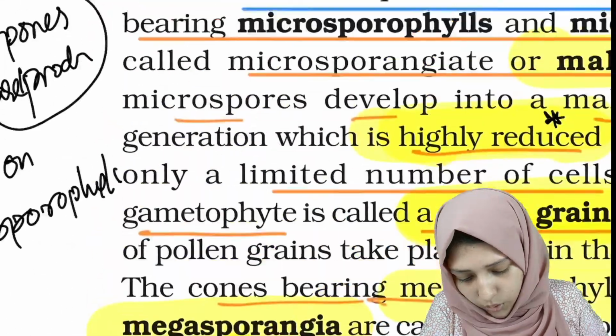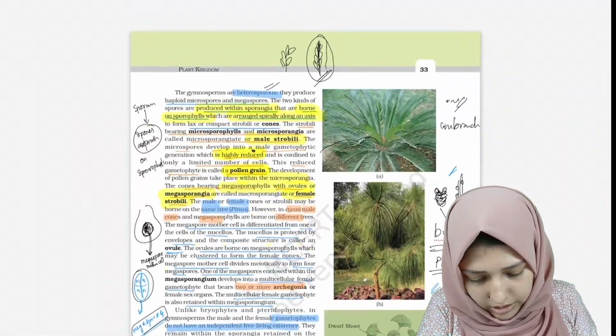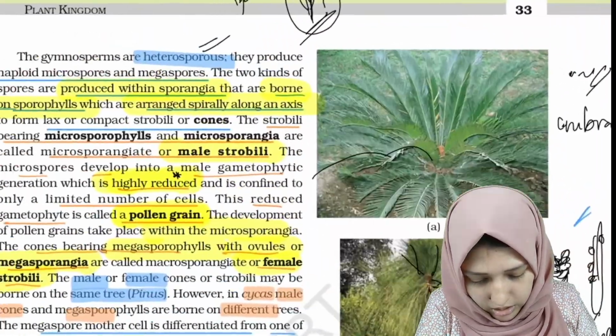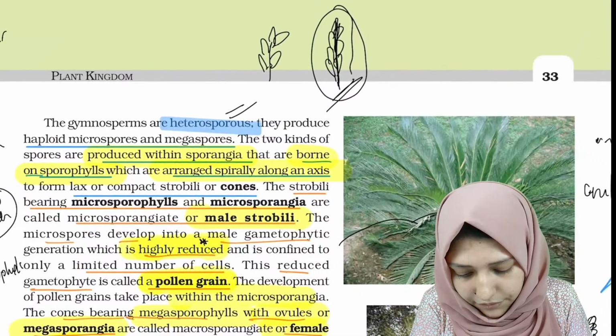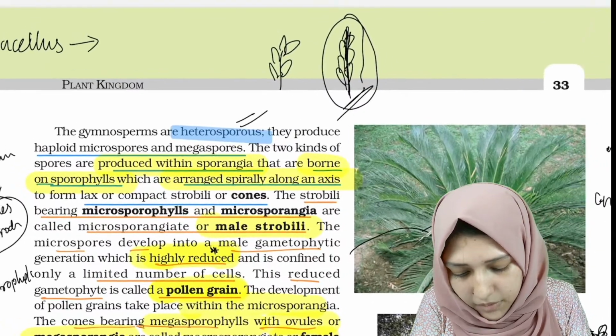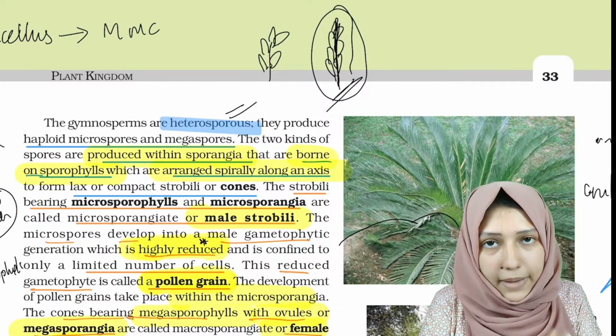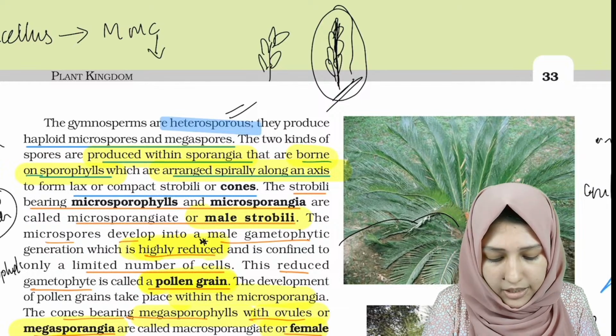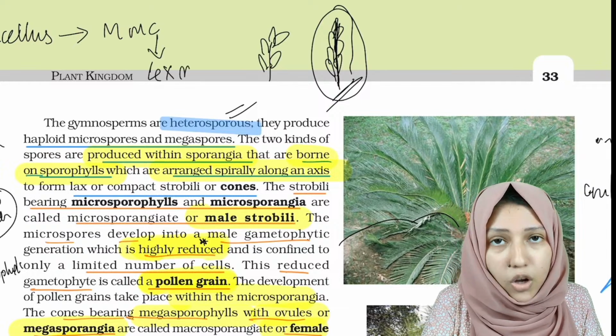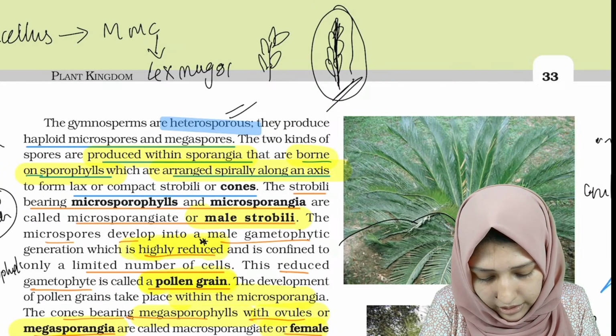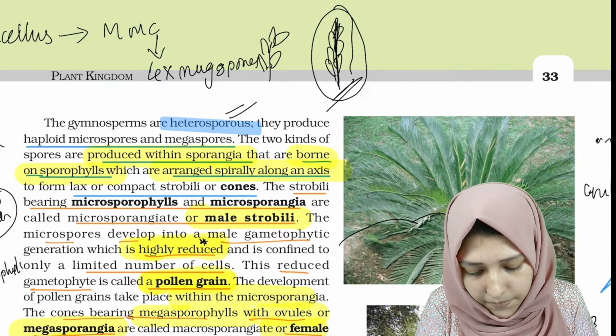So what is the cycle? Just see the cycle. The first step is nucellus, and from the nucellus develops the MMC, the megaspore mother cell, and from the megaspore mother cell we will get 4 megaspores.